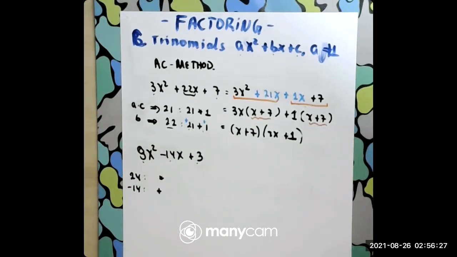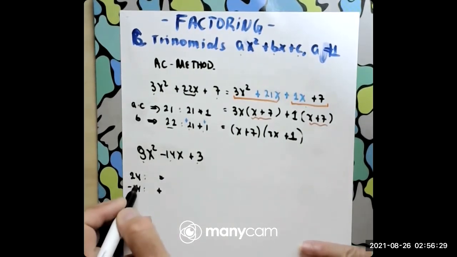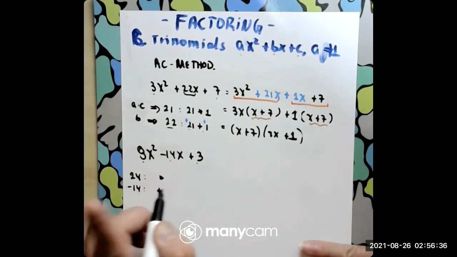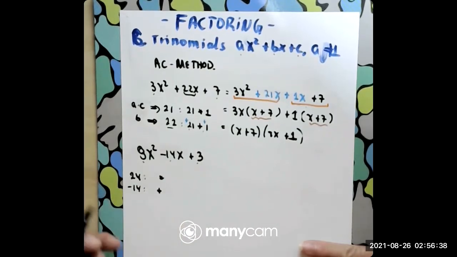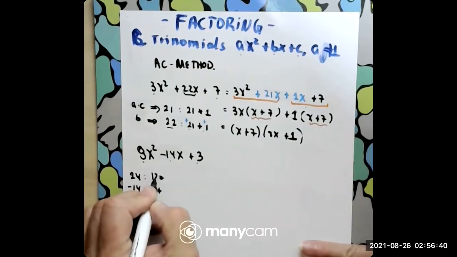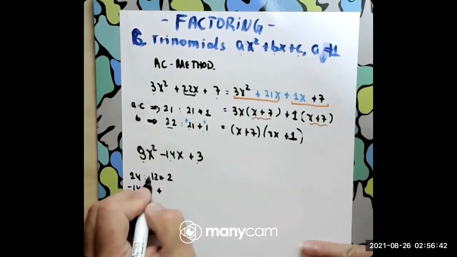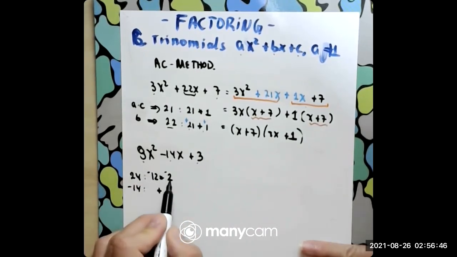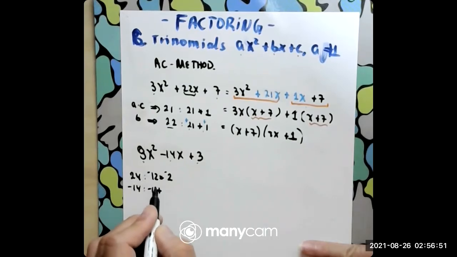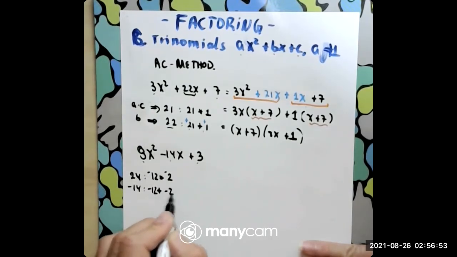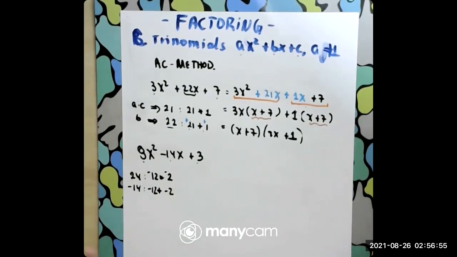So this will be interesting. Remember that 24 is 8 times 3, 6 times 4. That doesn't help me to get to 14, but 12 plus 2 gives me 14. So 12 and 2. However, I need both negative. Negative 12 times negative 2 will be plus 24, and negative 12 plus negative 2 will be negative 14. So this is the case where we put both negative.